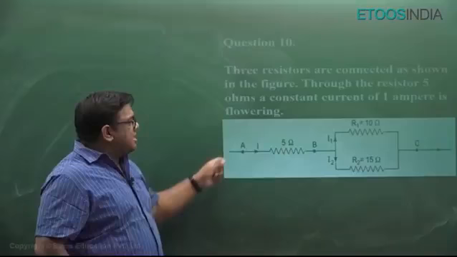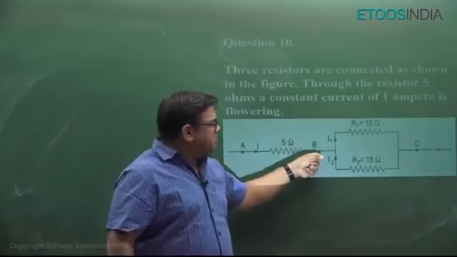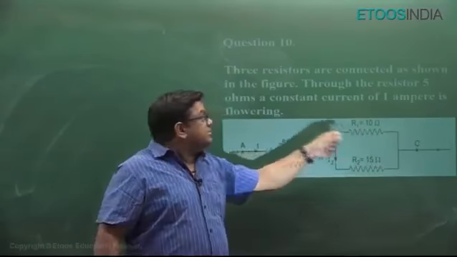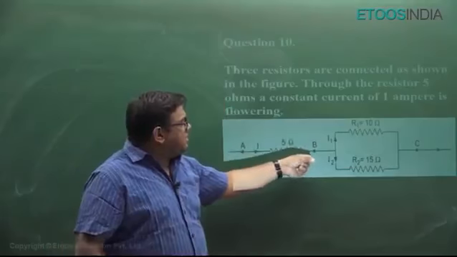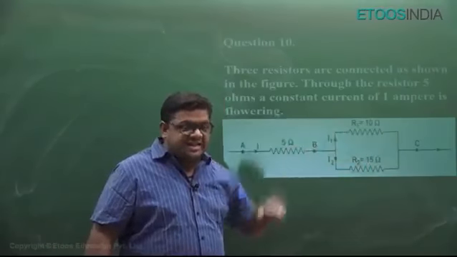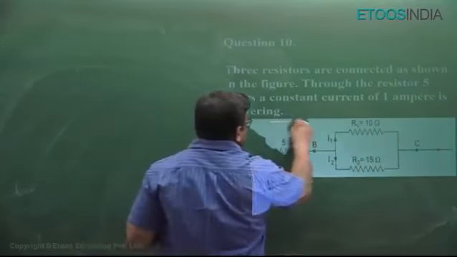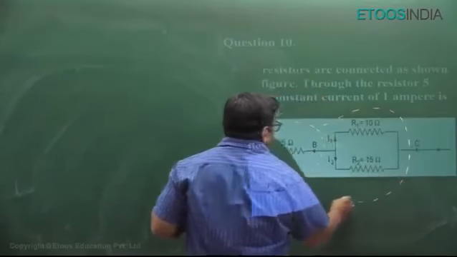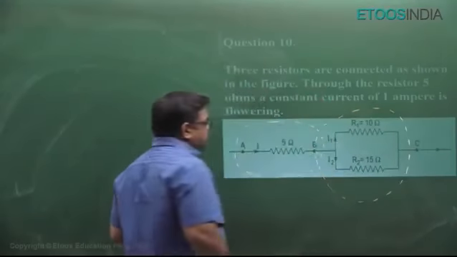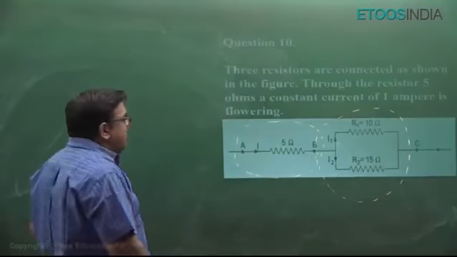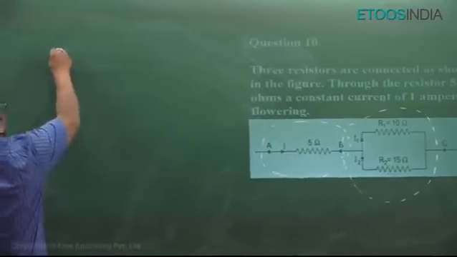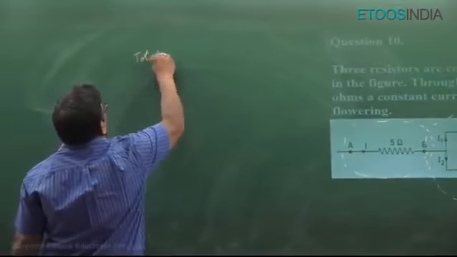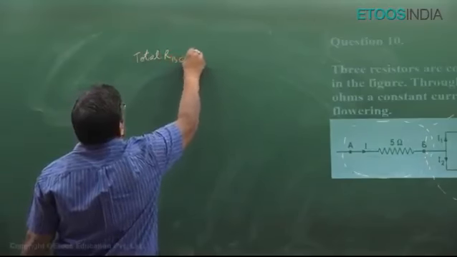See, I tell you one thing. This combination AB is connected with BC in series. So I'll say that this one is in series with this BC. Got it? Now, first of all, let me find the total resistance of BC.